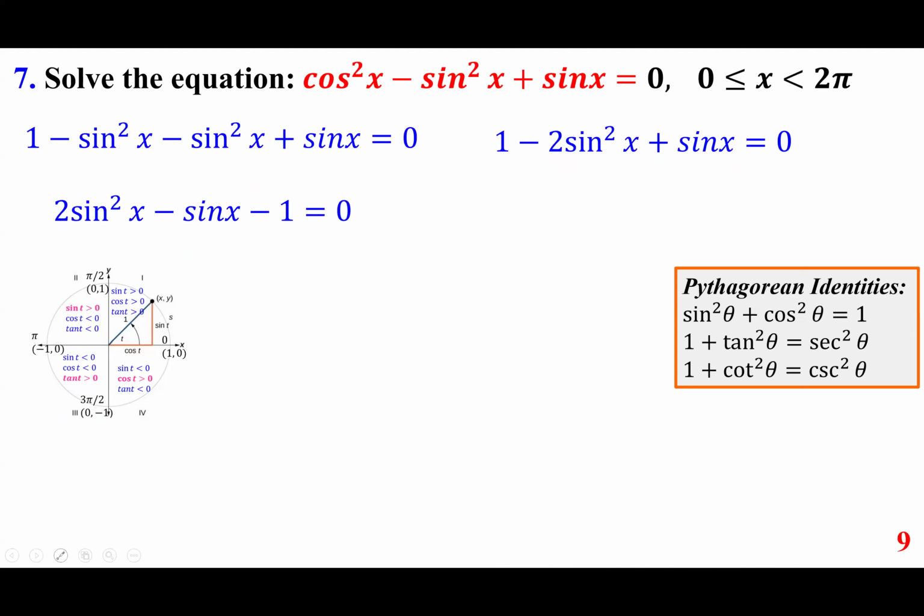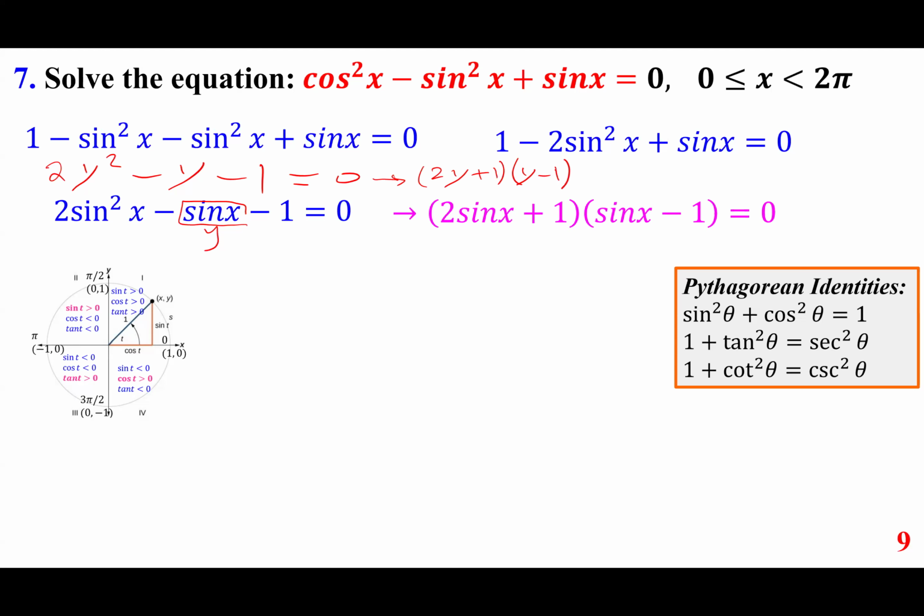Okay, it's an easy factoring. And if you have to, you can even say, okay, this is y. So you're looking at 2y squared minus y minus 1 equal to 0. And the factoring of that is easy. 2y plus 1, y minus 1, or 2 sine x plus 1, sine x minus 1 equals 0.